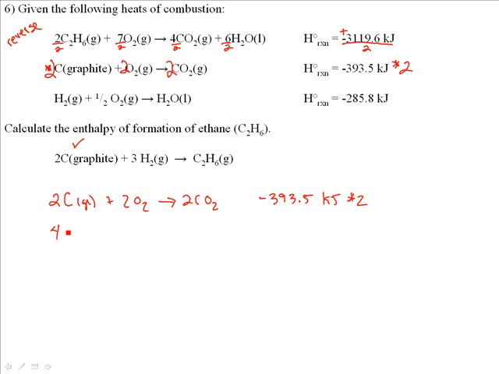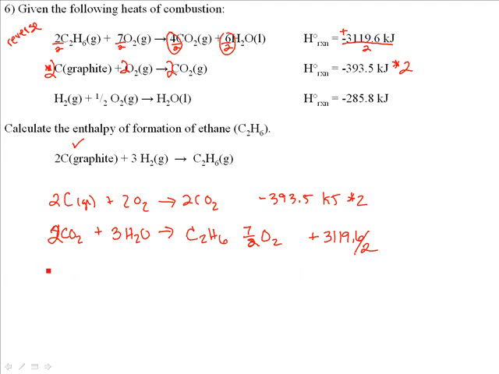Then I have 4 carbon dioxide plus, I've divided by 2, so I have 2 carbon dioxide, 3 waters, I'm reversing this reaction, 1 C2H6, and 7/2 O2. Alright, and that will be a positive 3119.6 divided by 2. Alright, so let's see what that gives me.